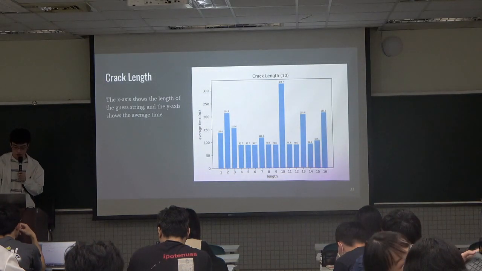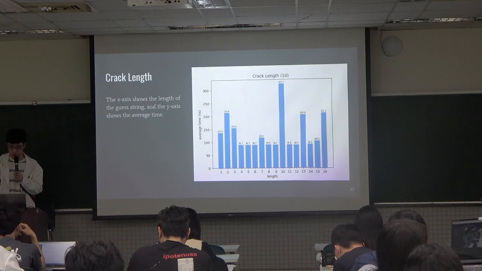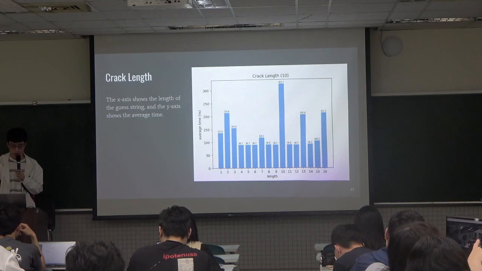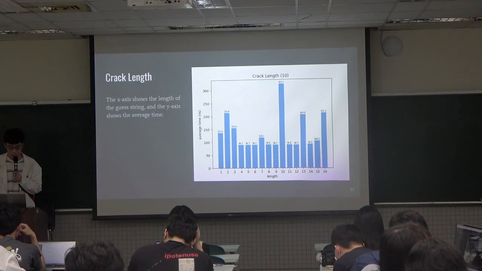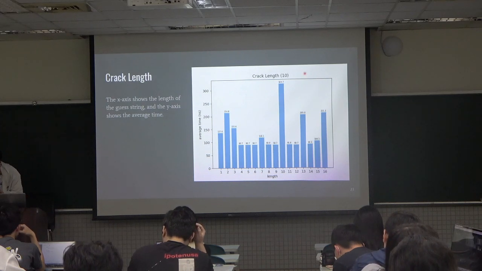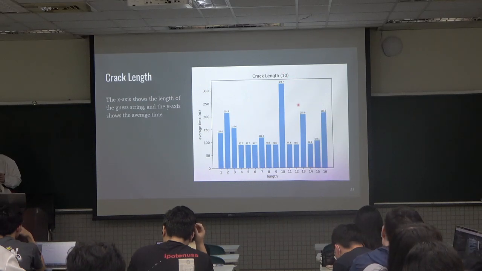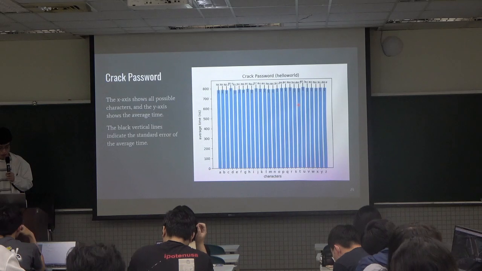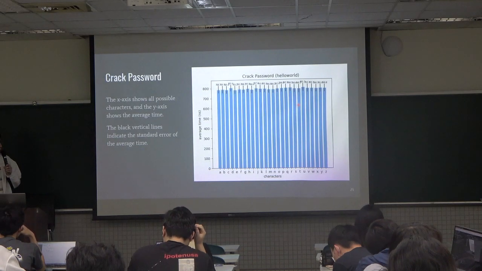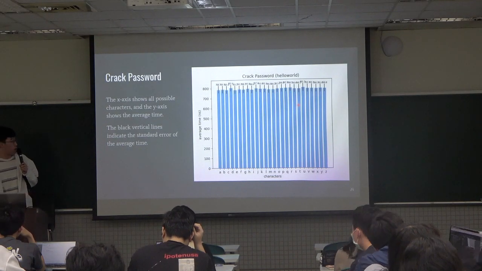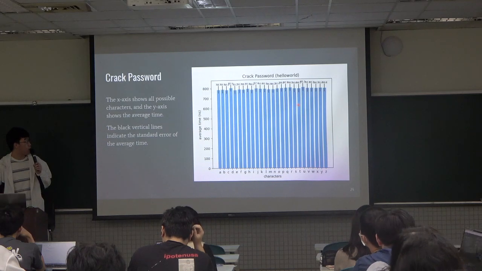The x-axis shows the length of the guess string, and the y-axis shows the average time. And the output result will show on the title of the plot. And the next image shows the progress of cracking the password.